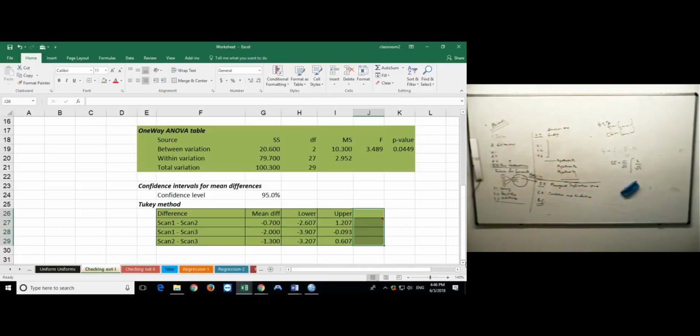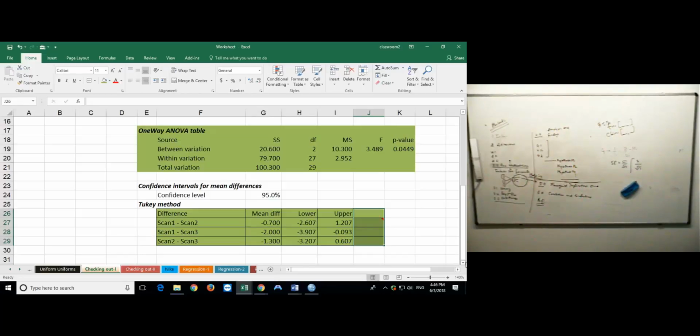I repeat again. If both are positive, upper and lower, or both are negative, then the difference is big. And if one is positive, one is negative, the difference is not big. So the difference is not significant.